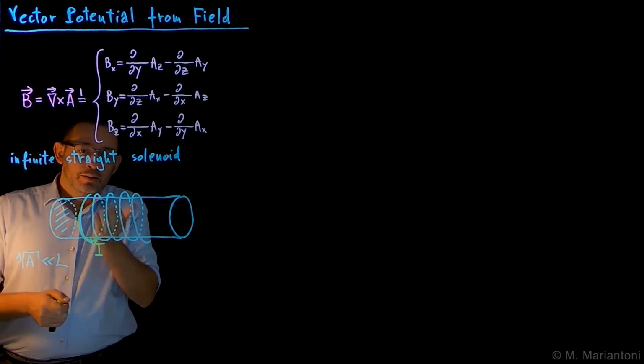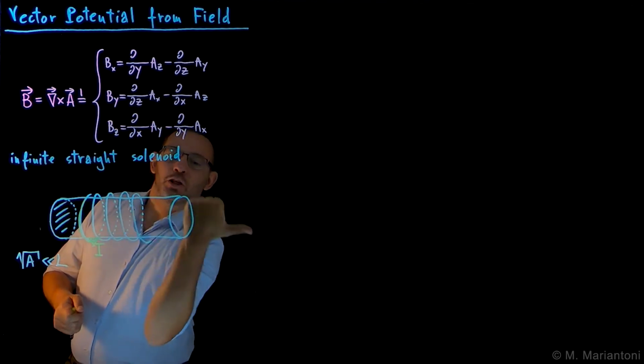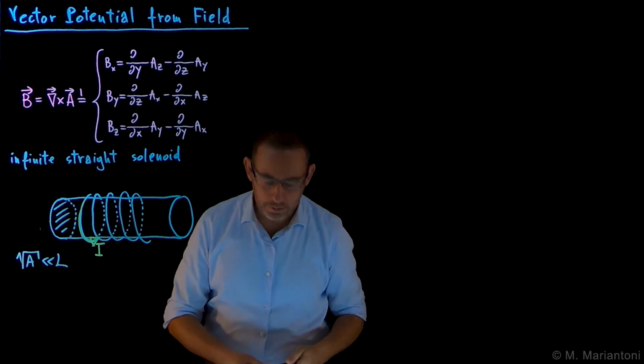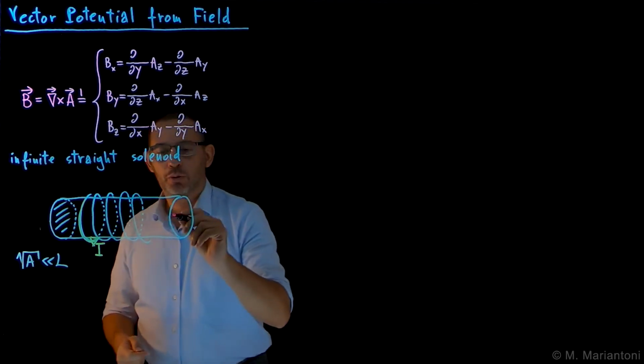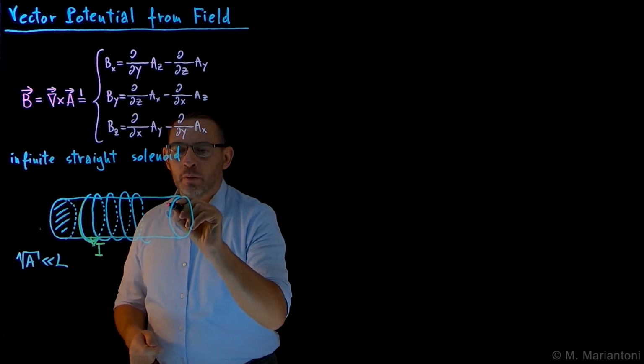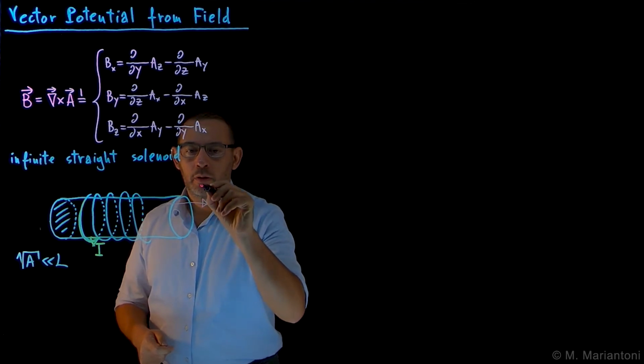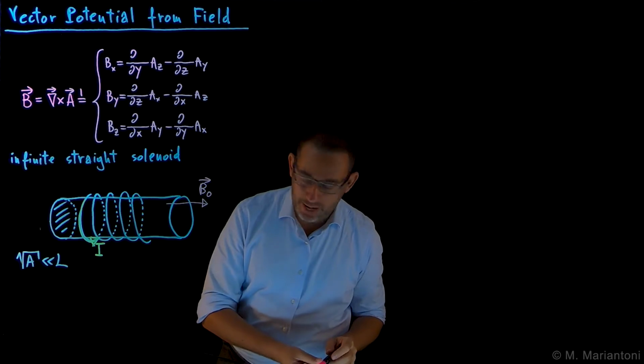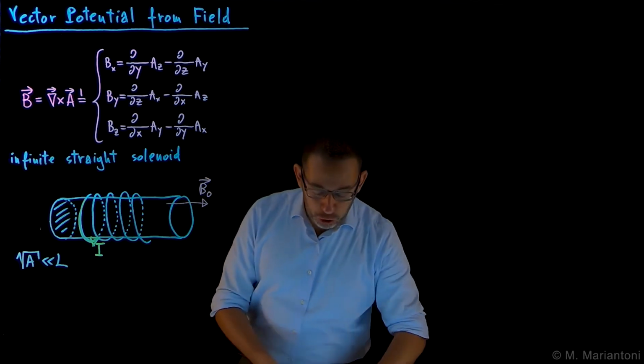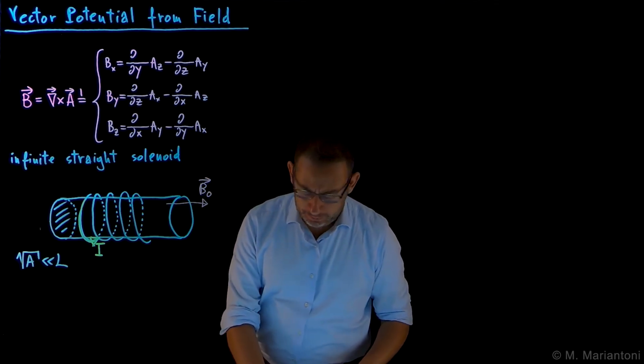So therefore, in this direction, by the right-hand rule, B naught, which is uniform, is going to point towards the right, parallel to the longitudinal axis of this solenoid.